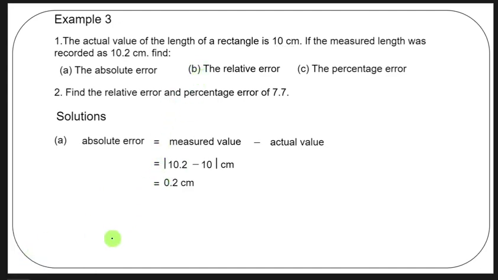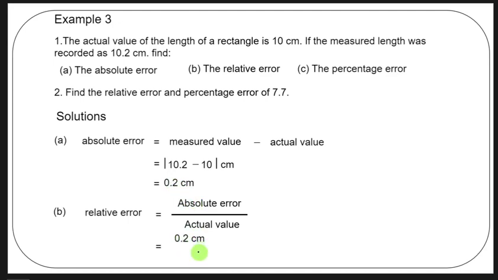All right, so now let's move to B, where they're asking us to find the relative error. We said the relative error is equal to absolute error divided by actual value. The absolute error we have found is 0.2 centimeters, over the actual value, which is 10.